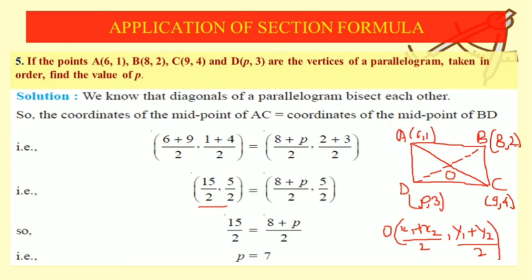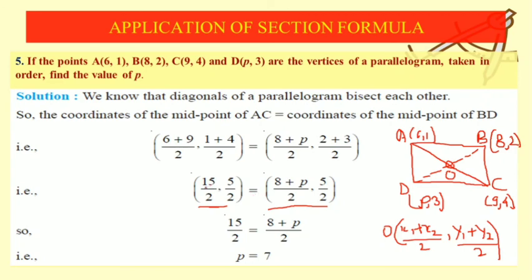Similarly, y coordinate 2 plus 3 will be 5 and upon 2. So we have obtained this coordinate for O in terms of line AC, in terms of line BD. Because for both the lines AC and BD, this O is same. So we can say these coordinates will be equal. So we have put an equal to sign.